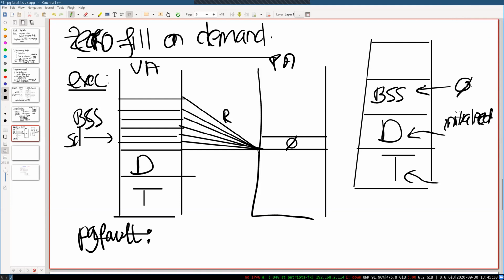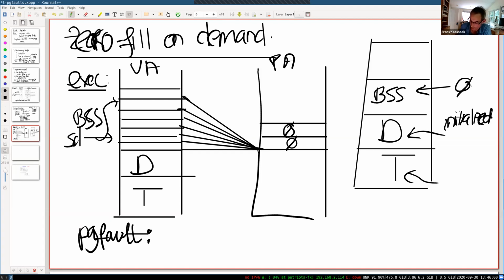I think we should make a new page, write zeros there, and rerun the instruction. Yeah, exactly. Let's assume for my drawing that the store instruction happened to the one at the top. What we want to do is allocate a new physical page, a new page in memory, calloc, put zeros in there because that's what we're expecting, and then we can change the top mapping, let me assume it's this one.